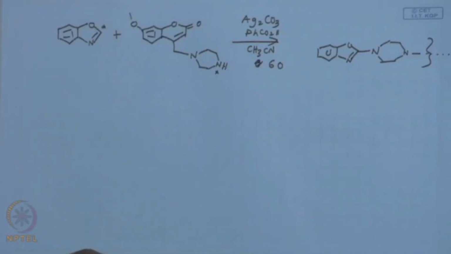So you can do a direct amination without affecting the methoxy group, without affecting the other nitrogen, without affecting this lactone ring.